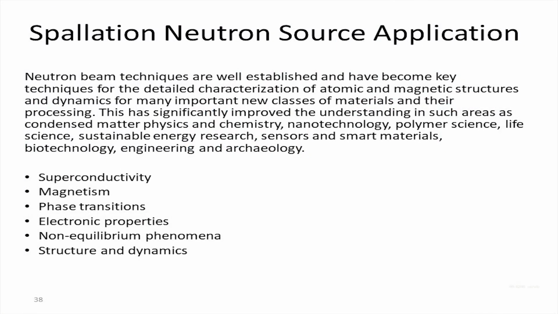And these are the applications of this spallation neutron source in material science. And we also have a radioactive ion beam source in CERN. These are also new methods to analyze materials in advance. So these are recently developed methods.